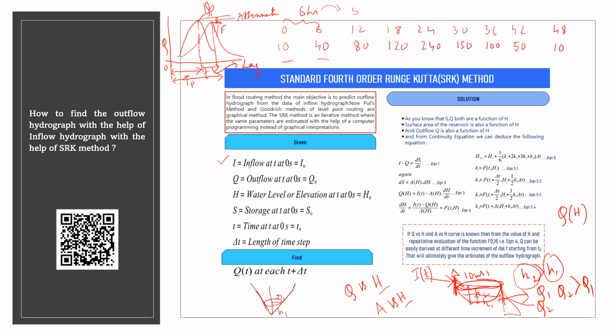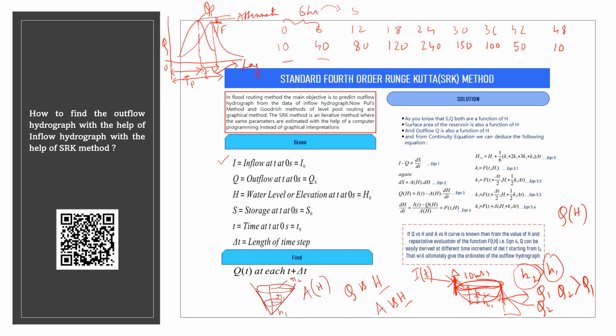But when the water elevation increases, the radius also increases certainly. When the water level decreases, the surface area, the radius of the surface, will also decrease. So the surface area of the reservoir also depends upon the height of the water level.